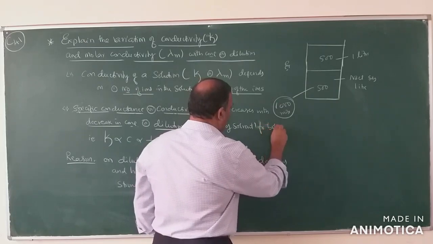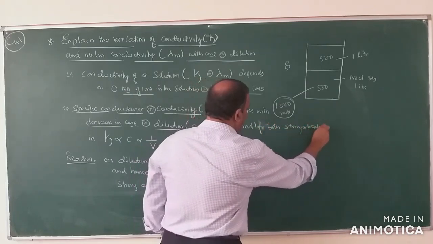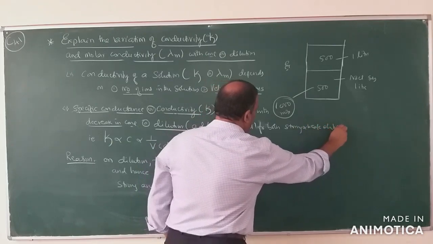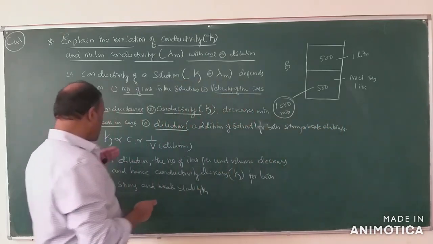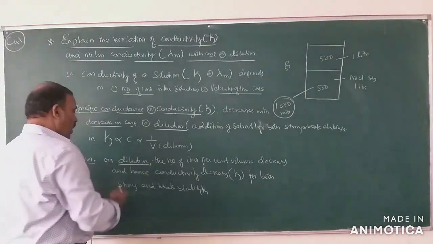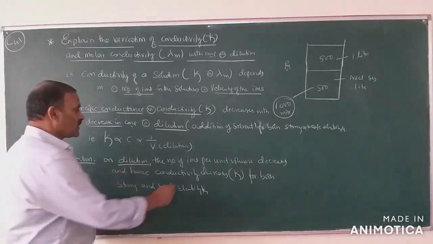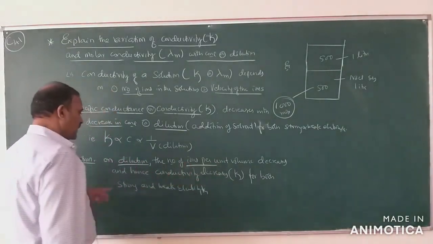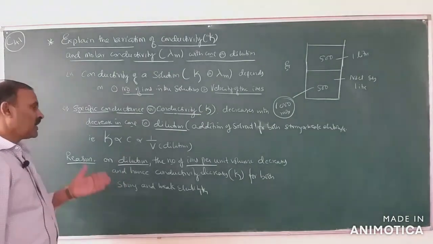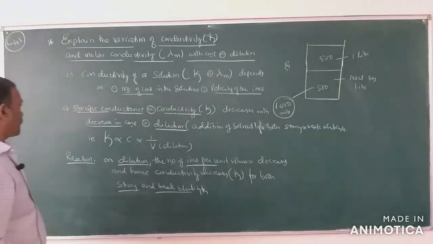This is because on dilution, on adding more solvent, the number of ions per unit volume decreases and hence conductivity decreases for both strong and weak electrolytes.